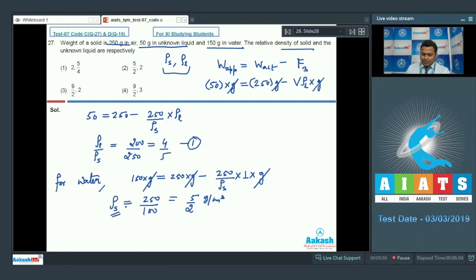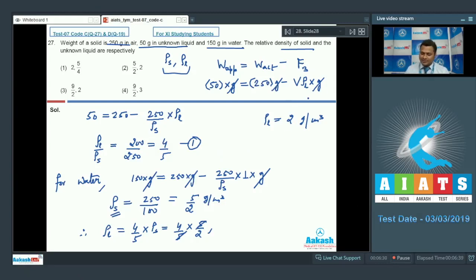Now plugging the value of the density of solid in equation 1, we can get the density of liquid rho l, and that will be 4 by 5 times the density of solid, that is 4 by 5 multiplied by 5 by 2. Therefore the density of liquid we will get is 2 gram per centimeter cube. Now we know very well that the relative density of an object is the same as its actual density if we are talking in terms of the CGS system.